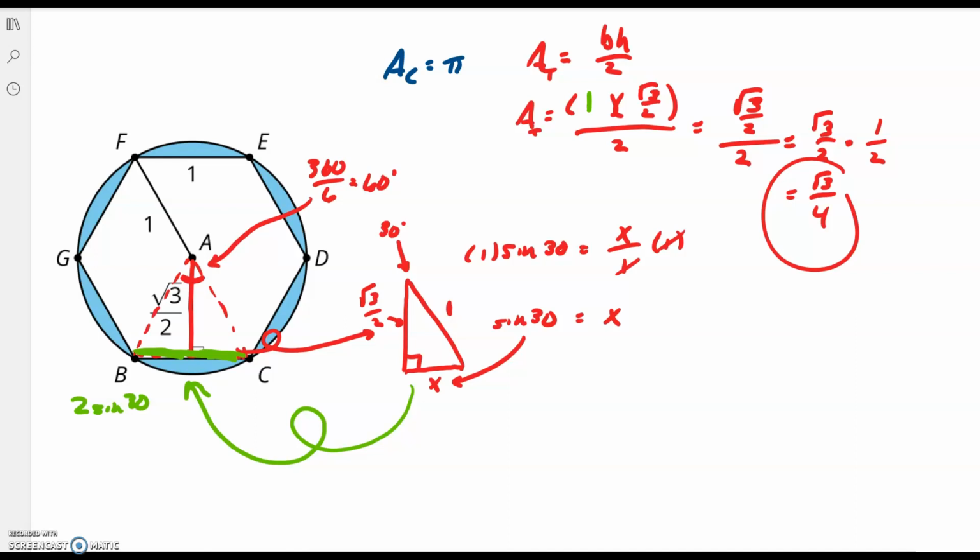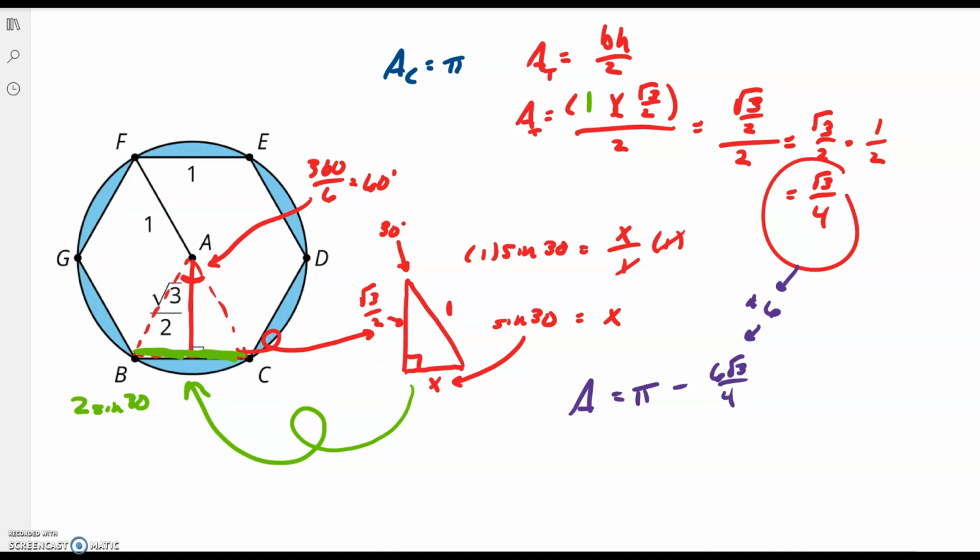Now to find my total area. Remember, it's the area of the circle, which is pi, and I'm going to subtract from that the area of my entire polygon. This triangle is square root of 3 over 4, but I have 6 of those, so I multiply it by 6 and get 6 square root of 3 over 4.